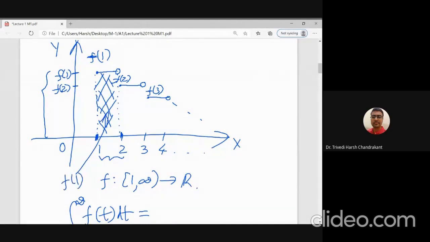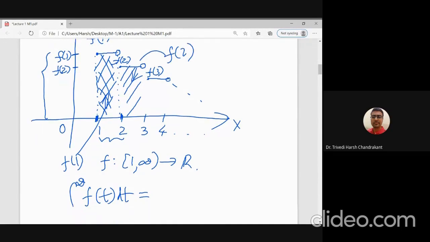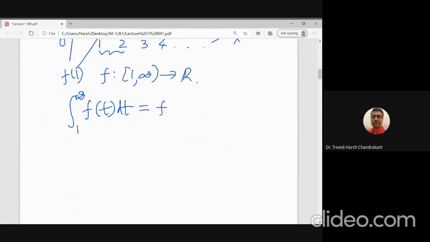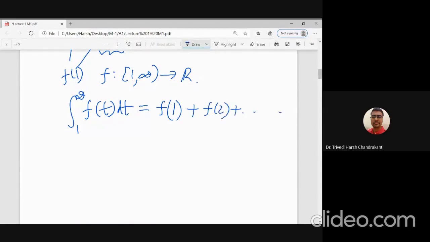The same way, this area will become f of 2, and so on. So the entire area, we can observe, is f of 1, that is the area above the closed interval 1 to 2, plus f of 2, and so on, from the graph itself.